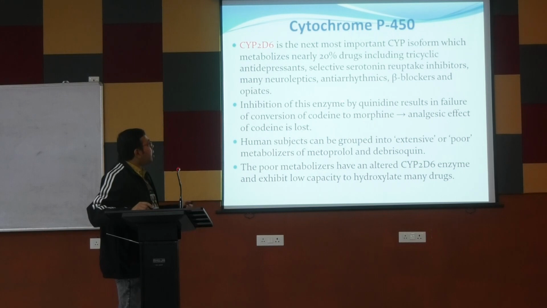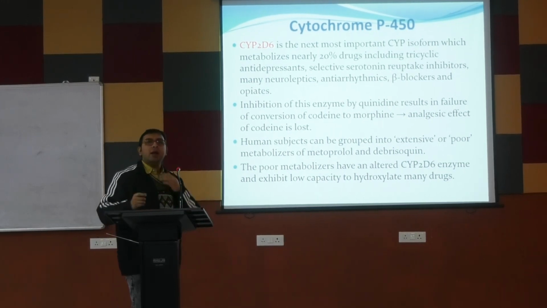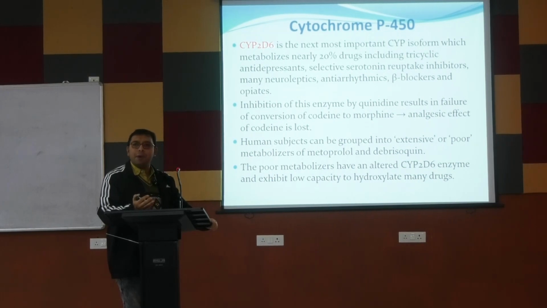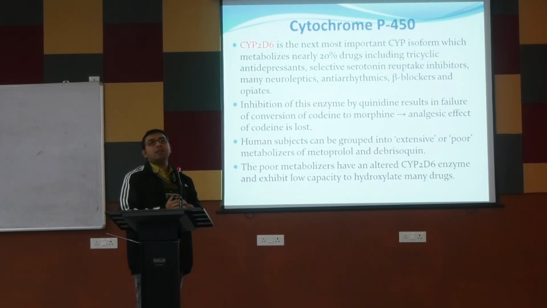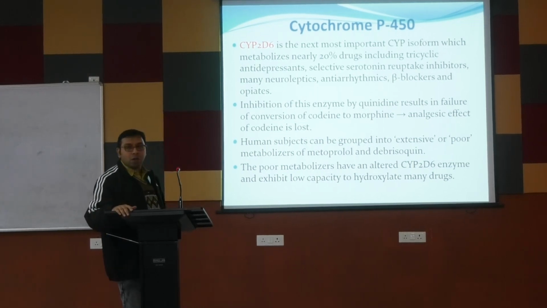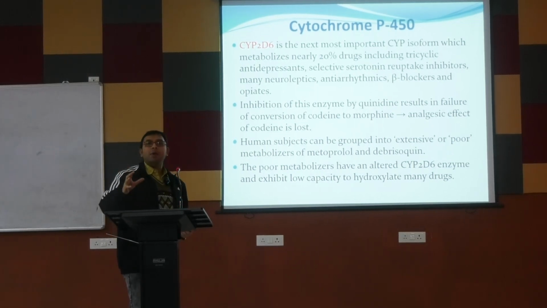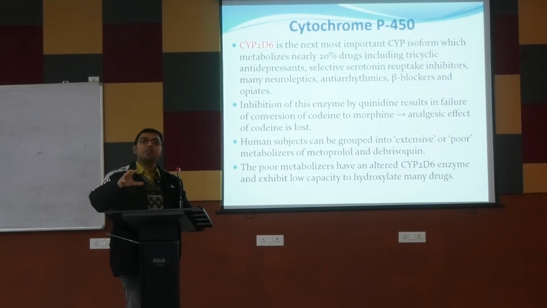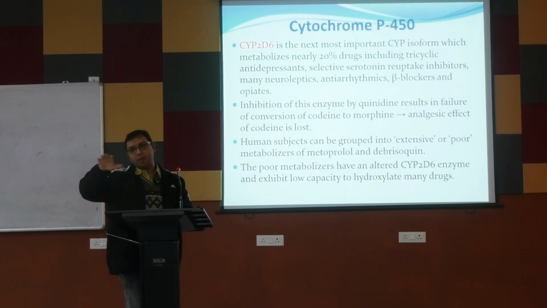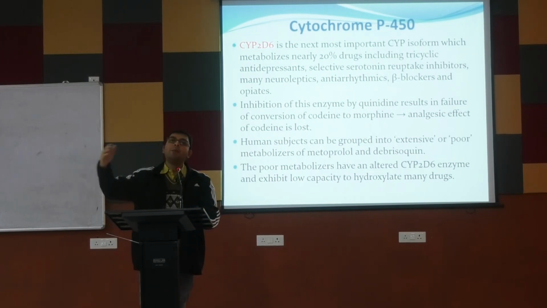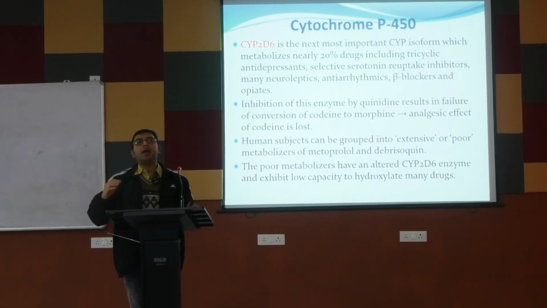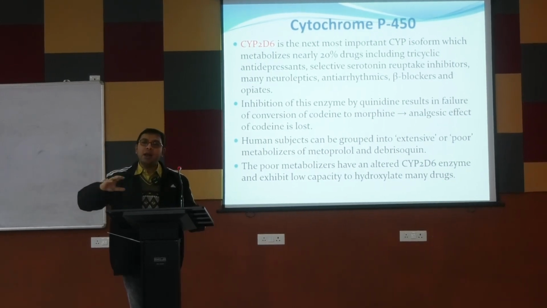That's why the same drug, this selective serotonin reuptake inhibitor, which is used in many cases as an anti-anxiety drug or antidepressant drug, in some cases may ultimately lead to toxicity. This is true of tricyclic antidepressants also, because the metabolizing enzymes in those humans are very slow. That's why more toxic concentrations are achieved in those persons in comparison to other persons where the metabolizing enzyme is normal and they metabolize the drug very rapidly.